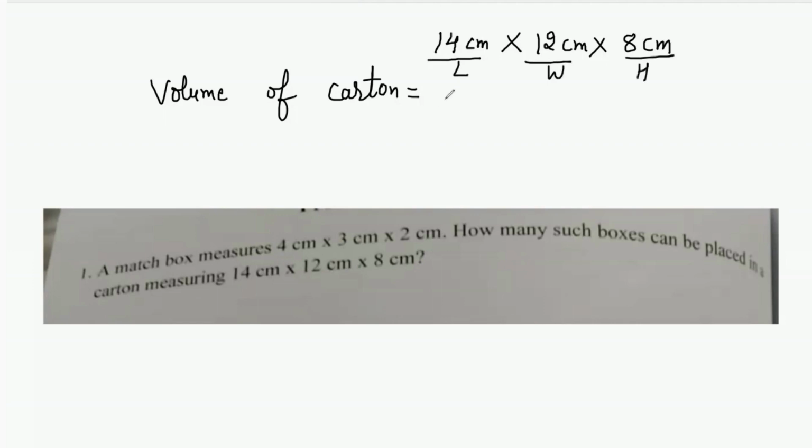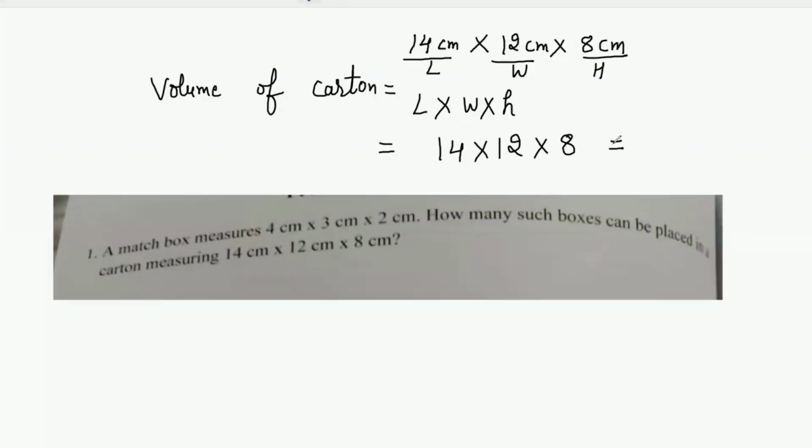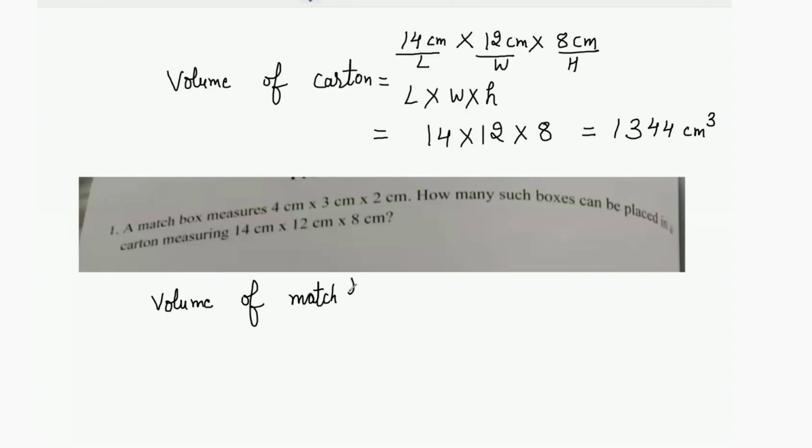So we have to just use the formula L into W into H, which is equal to 14 into 12 into 8. That would be equal to 1344 centimeter cube.